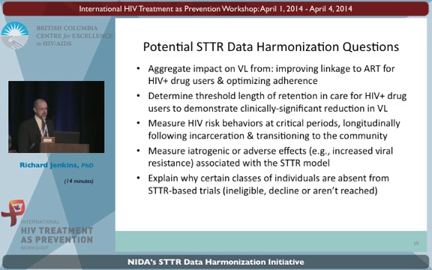We want to look at risk factors and risk behaviors at critical points, particularly in the criminal justice studies where there are clinically known important critical periods, particularly at release, but there may be other important periods in other populations. And also looking at potential for iatrogenic or adverse effects.